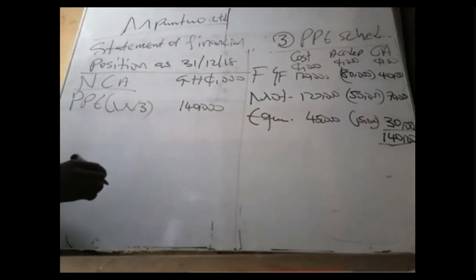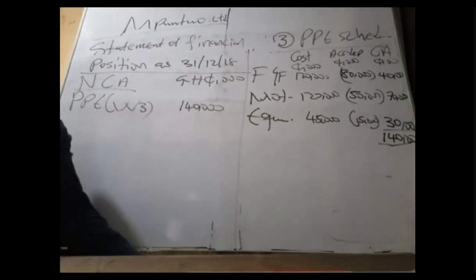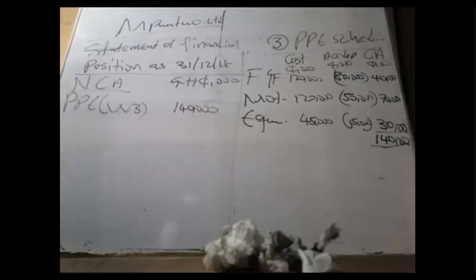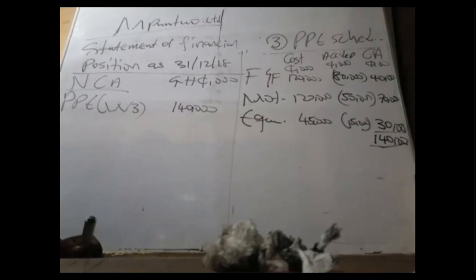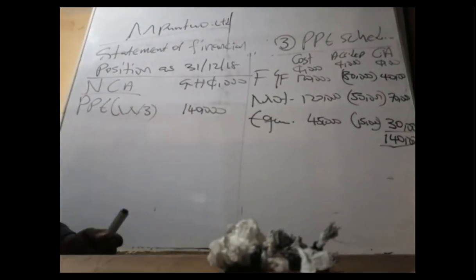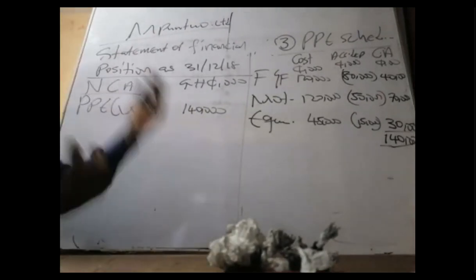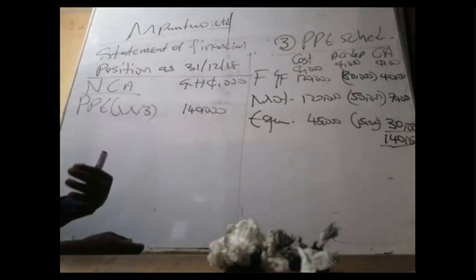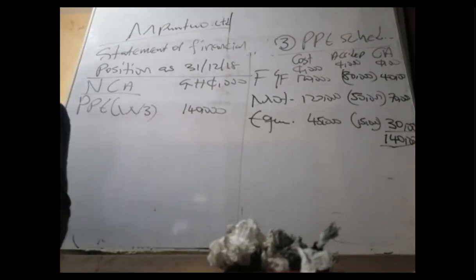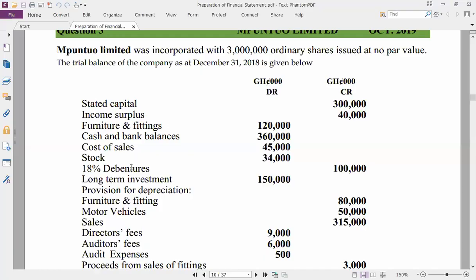You see the PPE there. Good. So that is that. Search again, if we have the other types of non-current assets. What are the other types of non-current assets? Intangible, long-term asset, investment property, then long-term investment, all of them. So let's go and see. I think we saw some long-term investment in it.